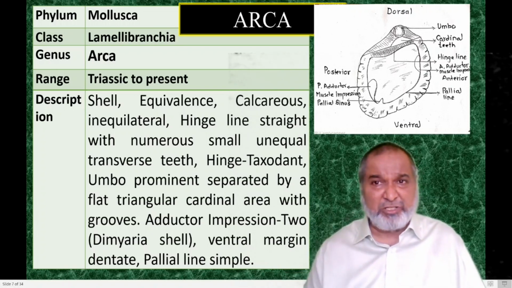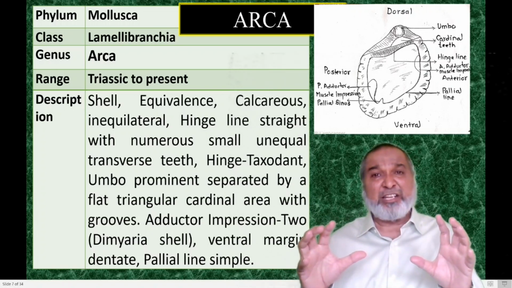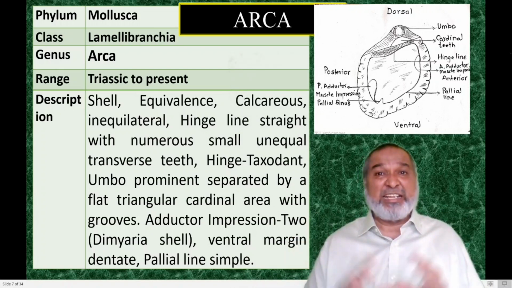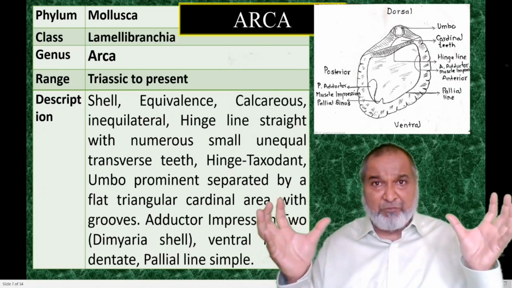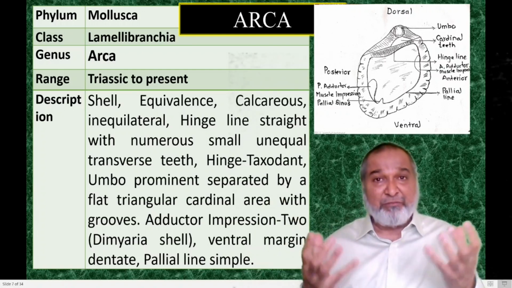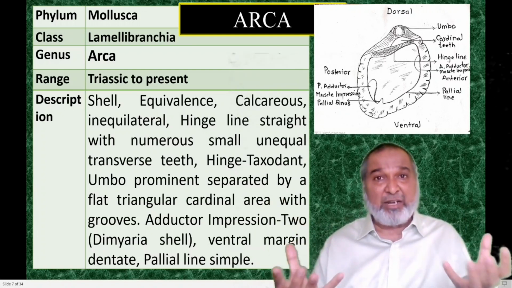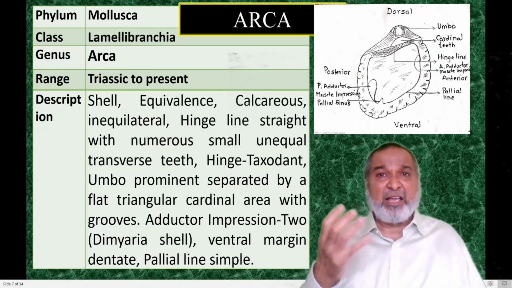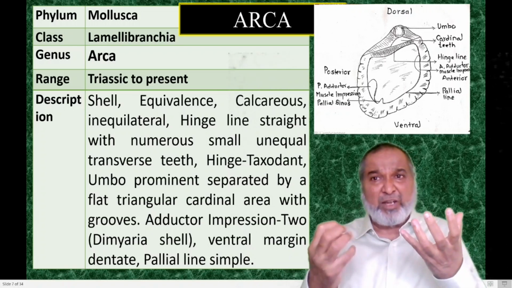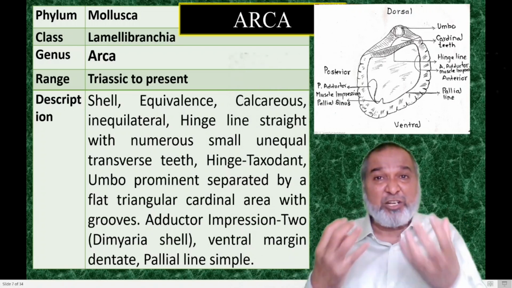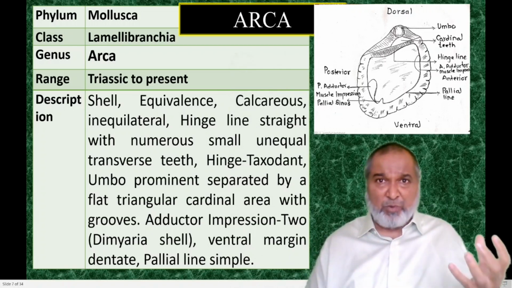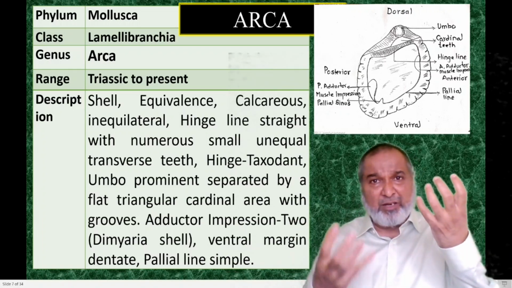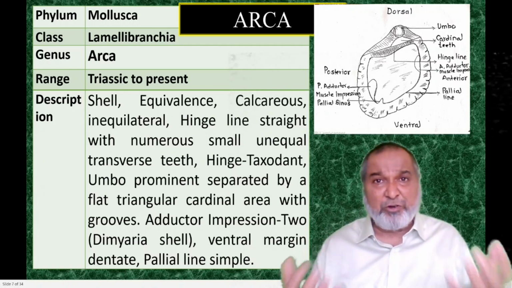And in the muscle impressions, whenever there are two muscle impressions, it is called dimyarian. If both are equal, both are two in number and equal in size, we call it isomyarian. If one is bigger and one is small, then it is heteromyarian.